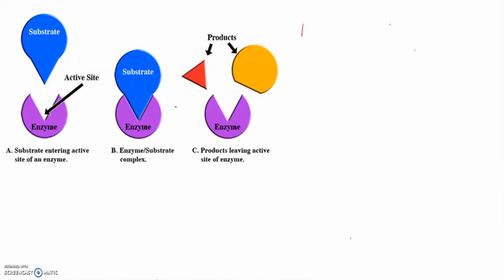If an inhibitor is competitive, that means that it is going to compete with the substrate for the active site. So it's going to bind to the enzyme in the exact same spot as the substrate. Okay? If it's non-competitive, okay, then it's going to bind somewhere else on the enzyme.